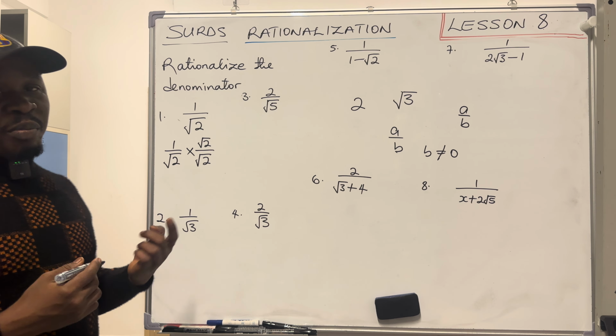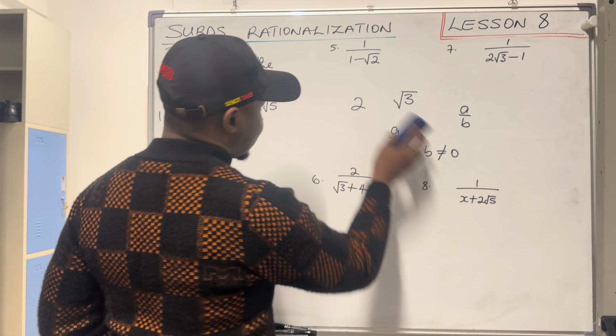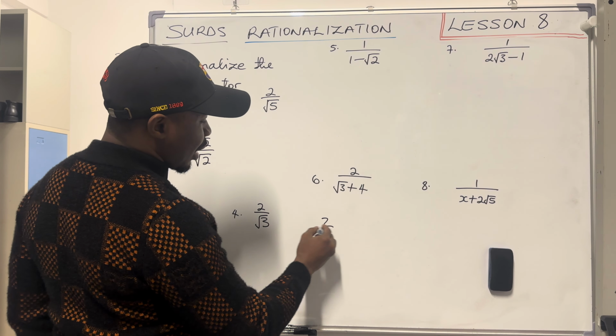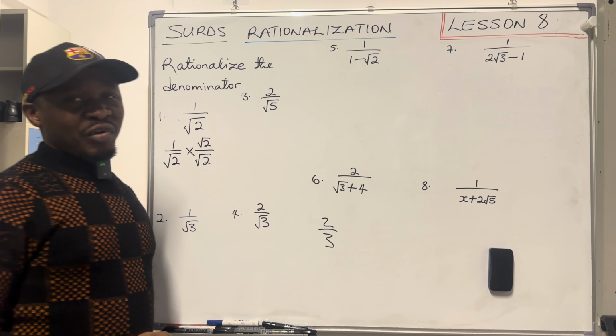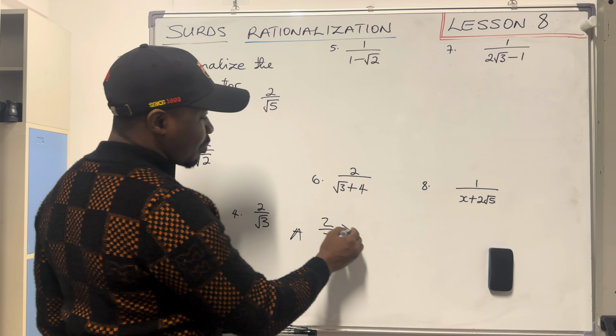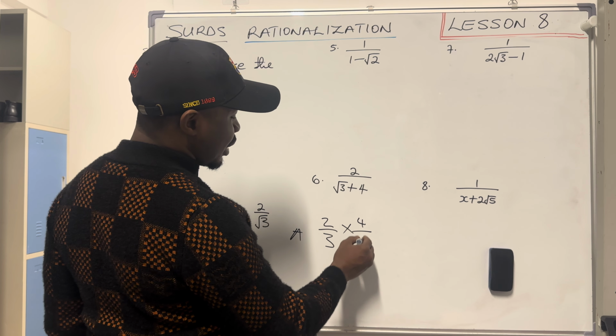Why is this approach true? Let's say we have 2 over 3, and there are 4 different students. Student A will say, let me multiply up by 4 and multiply down by 4 again.